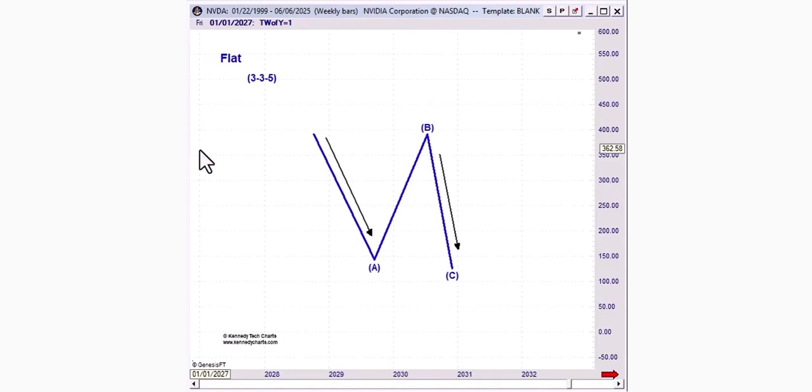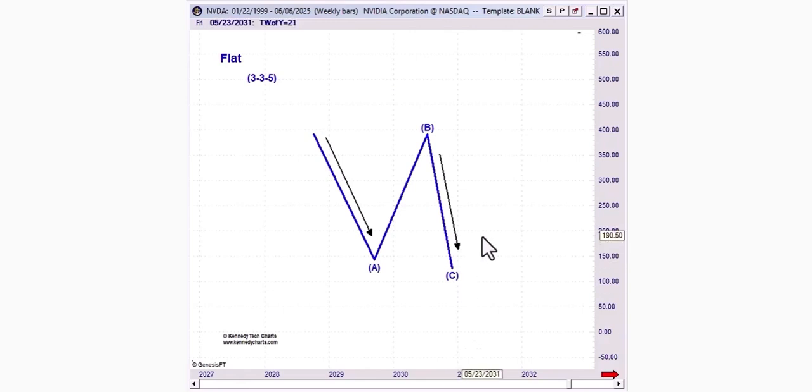You might remember that when we were discussing the slope of wave C versus wave A, I explained that within a zigzag, what we tend to see more often than not, not always, is that the decline, the sell-off, the move in wave C will be less aggressive than what occurred in wave A. When it comes to a flat correction, which is what you see here, just the opposite occurs. Wave C is going to be more aggressive than what you see in wave A. So you would see a 3-wave decline in wave A, kind of slow, a 3-wave move up in wave B, kind of slow, and then a pop down, an impulsive drop down.